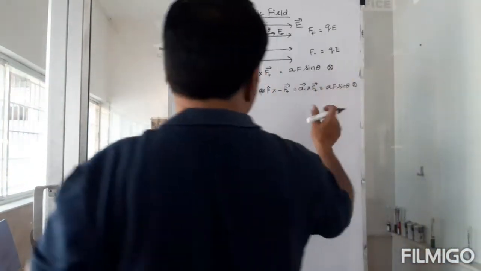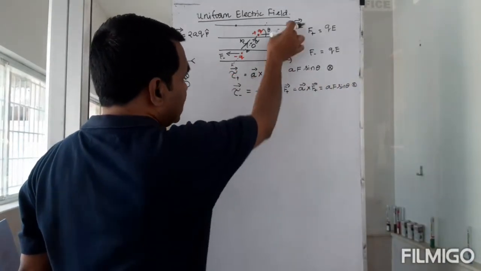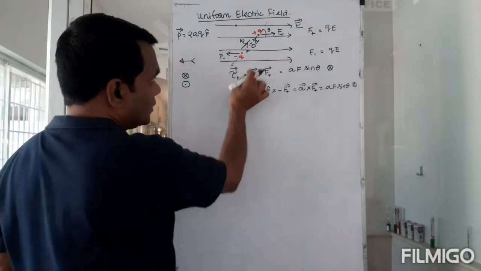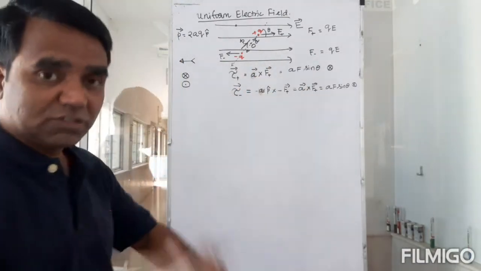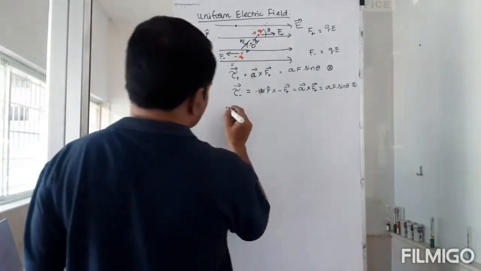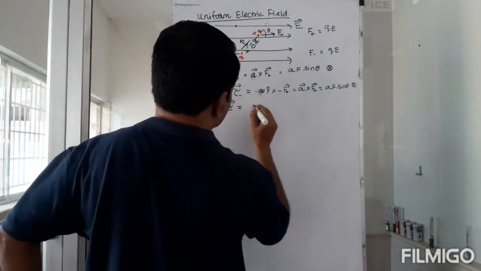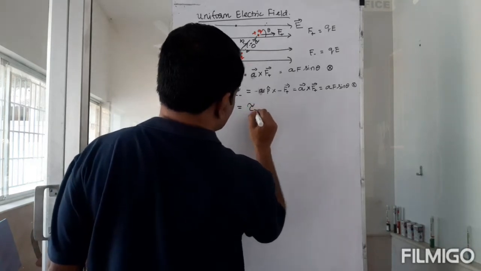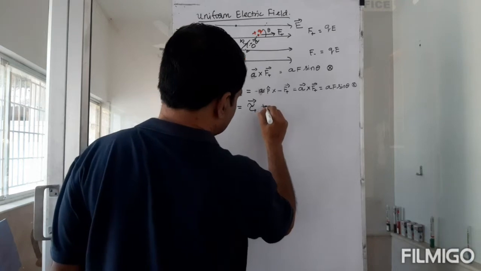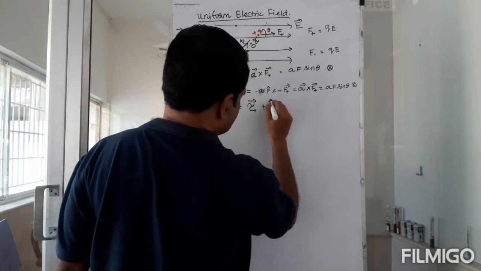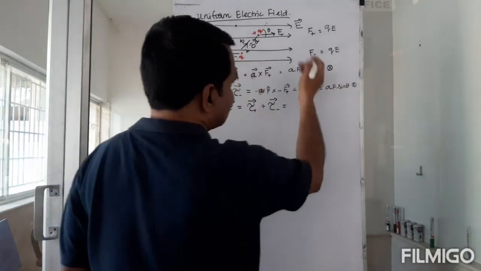So the torque due to this F plus and then the torque due to F minus, they both act in the same direction. So what's the total torque? The total torque tau can be given as torque due to the positive charge plus torque due to the negative charge. In this case, both of them are in the same direction, so they just add.